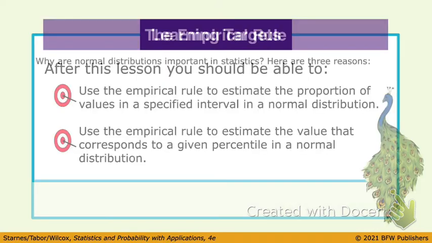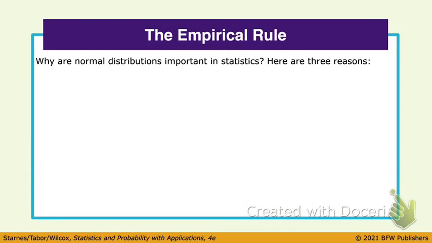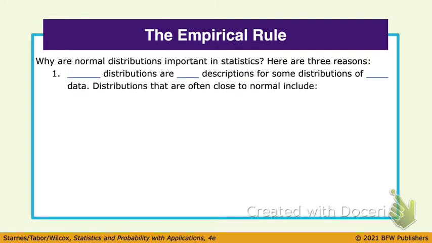All right, so why are normal distributions so important, first of all? The biggest 3 reasons are that normal distributions are good descriptions for some distributions of real life data, which is what we want to analyze.